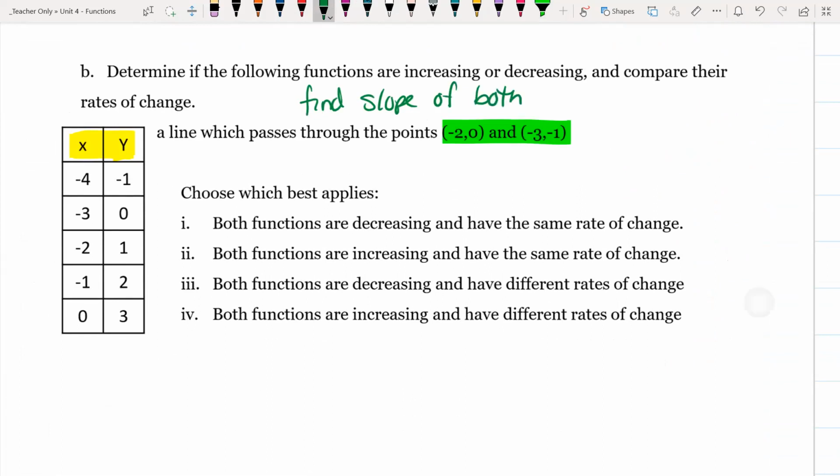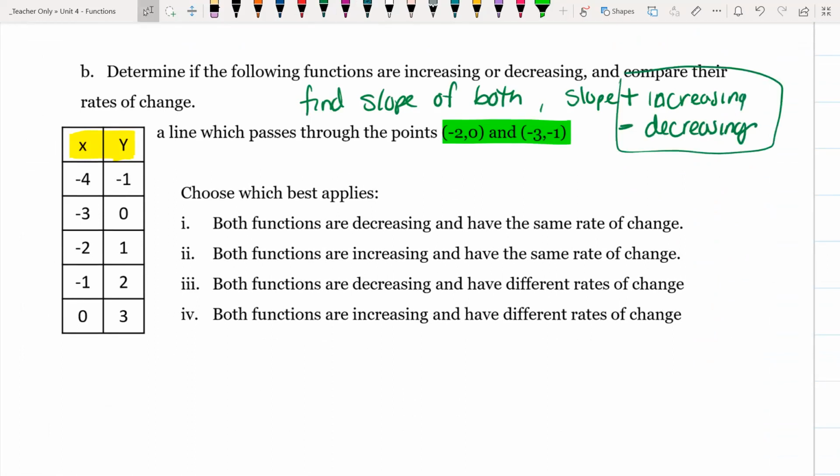And remember, if the slope is positive, it's increasing. If the slope is negative, it's decreasing. So you're going to find the slope of both and then tell me if they're increasing or decreasing, and if they have the same or different slopes. Okay, so I want you to try that one on your own and we'll talk about that in class, okay?